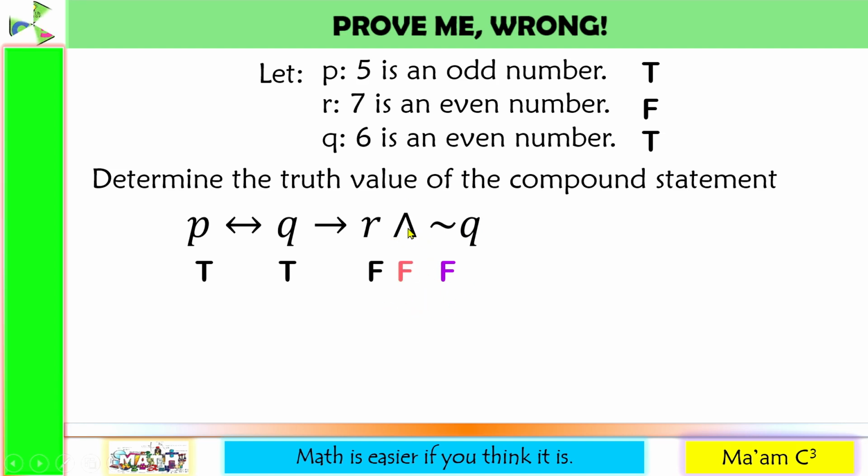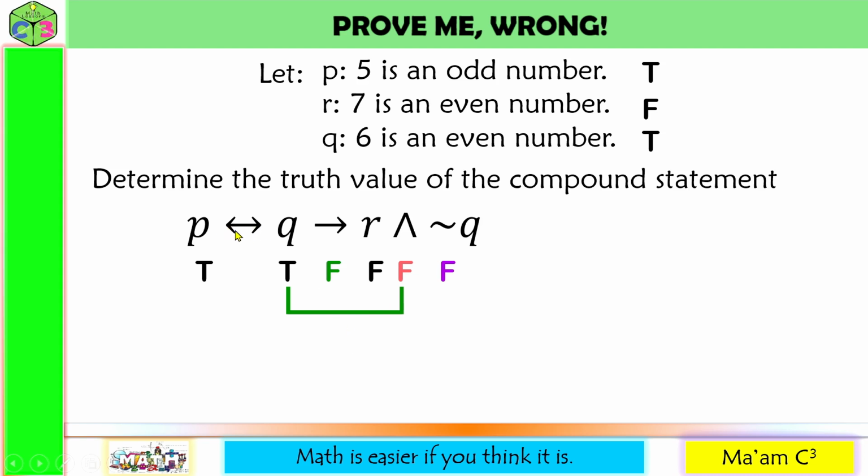It only becomes true if both are true. Otherwise, the conjunction is false. Next in the order of the precedence is the implication. So we are going to have Q and our recent answer. Now for implication, if it is true followed by false, the answer is false.